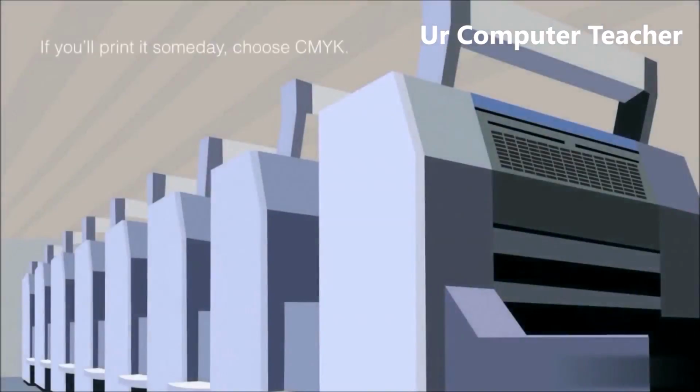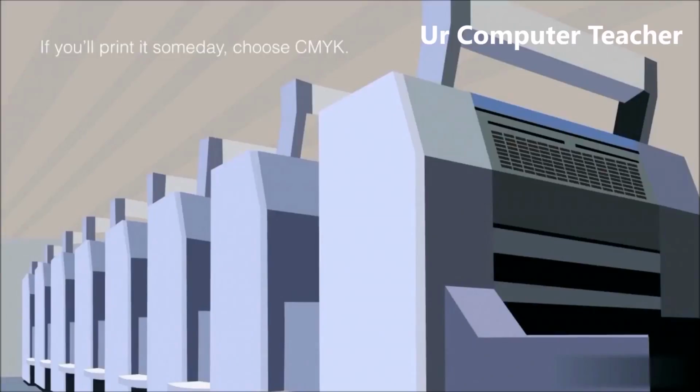Number two, if you'll print it someday, choose CMYK. If you're going to send this file out to commercial print where they're going to be using cyan, magenta, yellow, and black to print it, then chances are you need to develop that file in cyan, magenta, yellow, and black color mode, or CMYK, to ensure that the colors look just as good on your monitor as they do in the finished product.